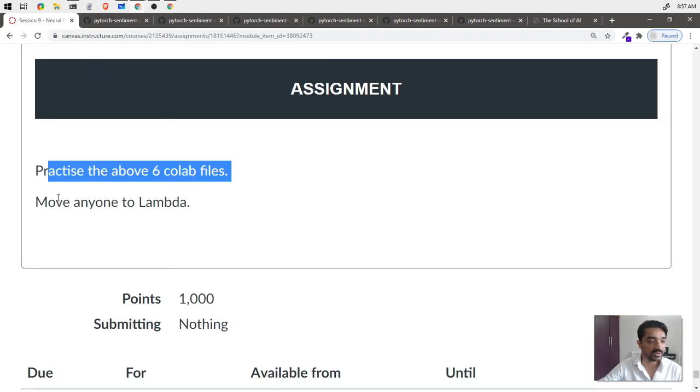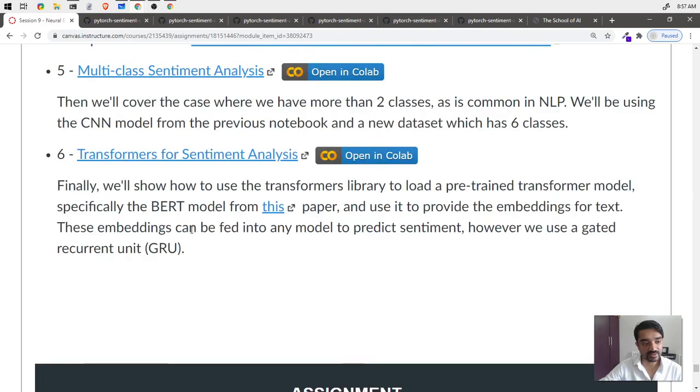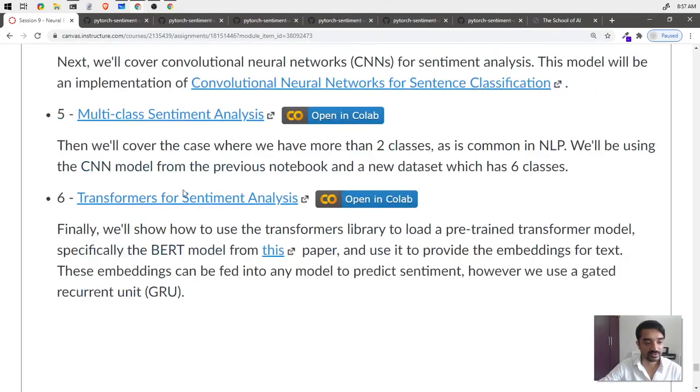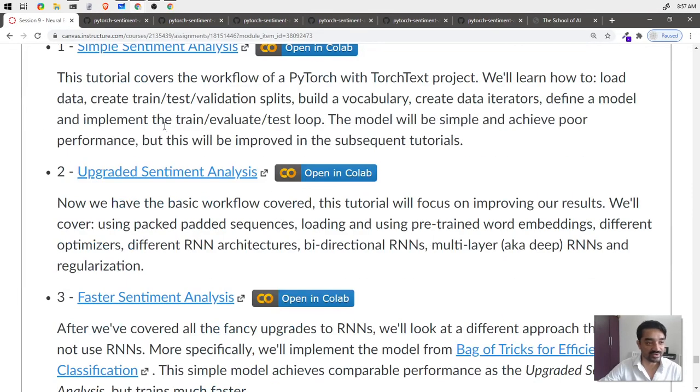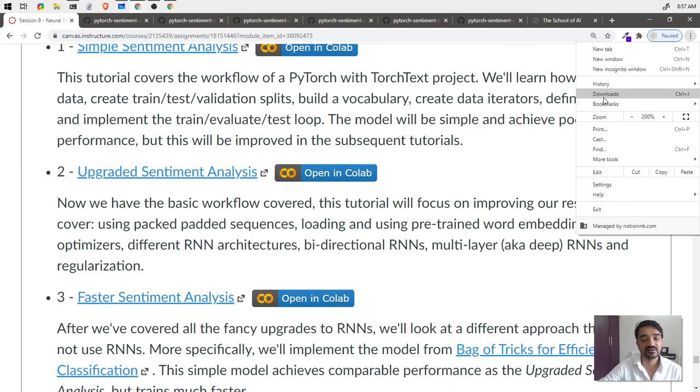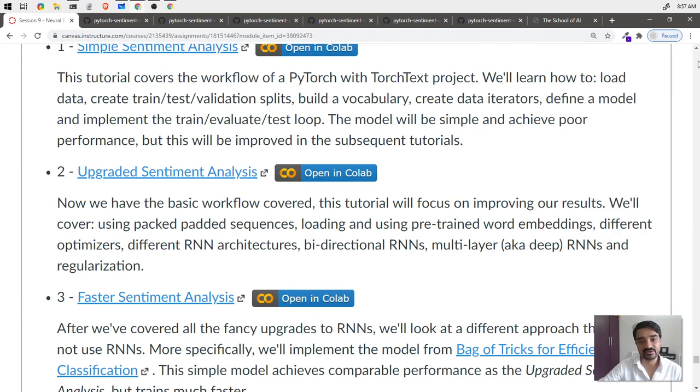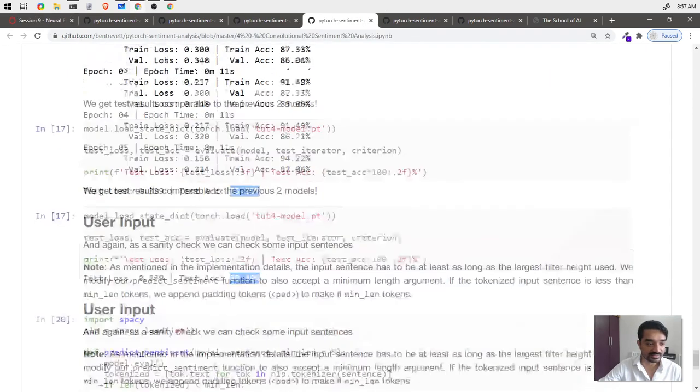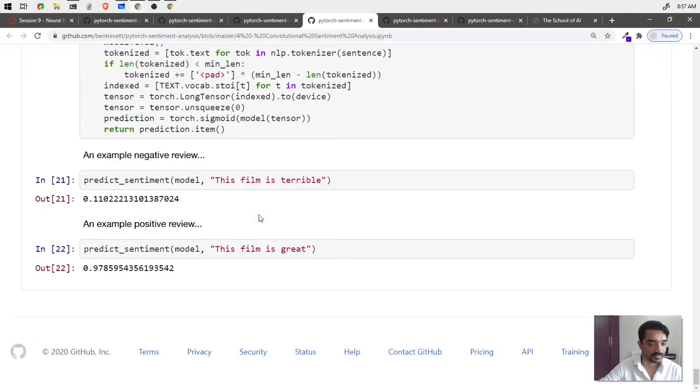Now, an exercise: move any one of these to Lambda. So you have the 6 models. Of course, don't move the BERT model, your Lambda will suffer, but you can literally move any model, or you can have a drop down also. For example, you can select CNN and look at the accuracy, select something else, and there's inference code also. So if someone writes something, you can actually get the inferencing code also.